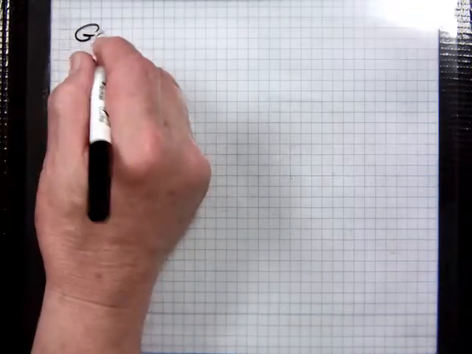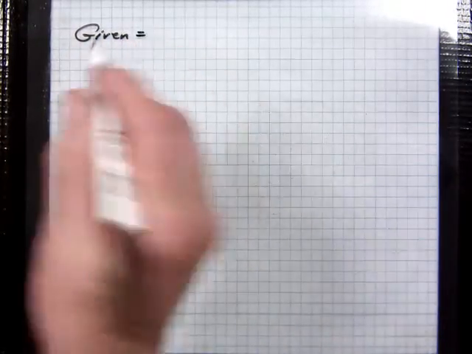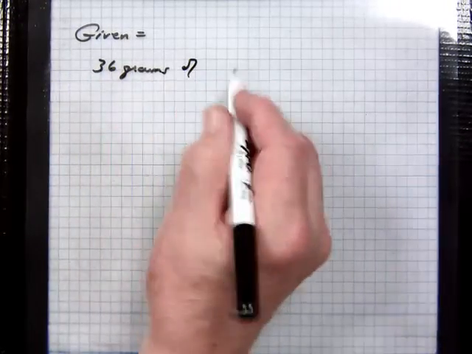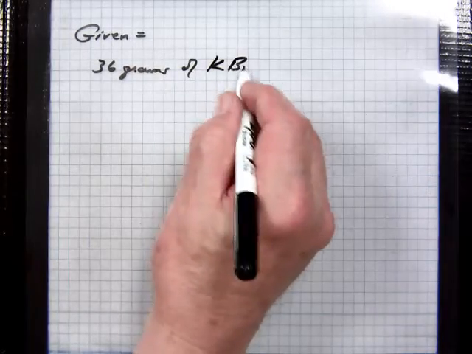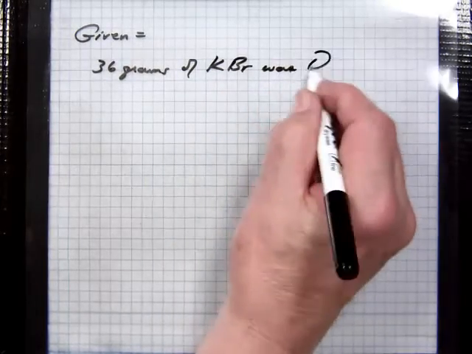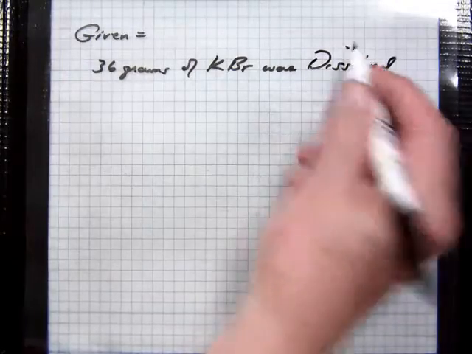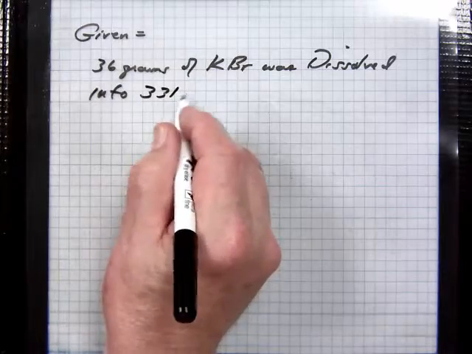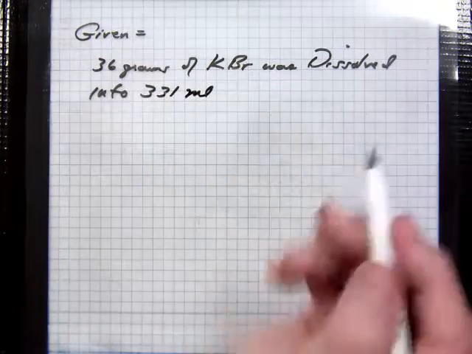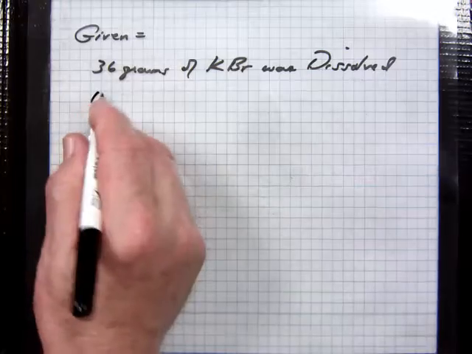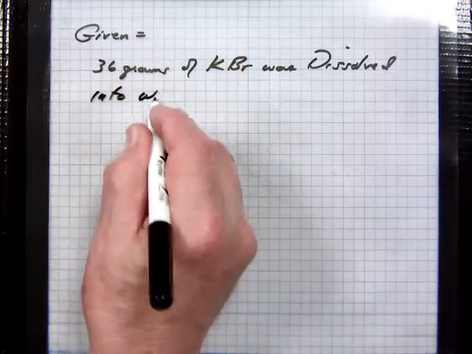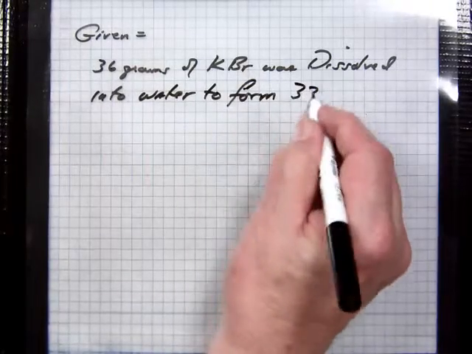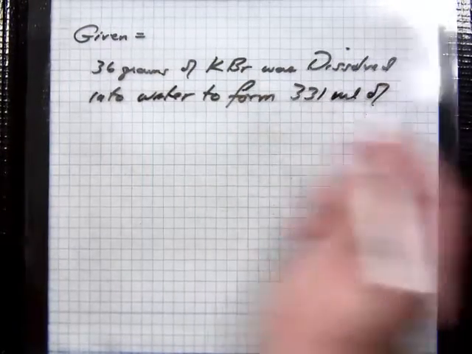So you're given the following: 36 grams of potassium bromide was dissolved into water to form 331 milliliters of solution.